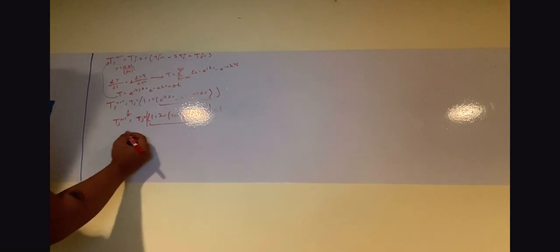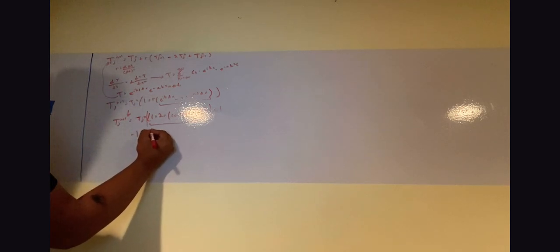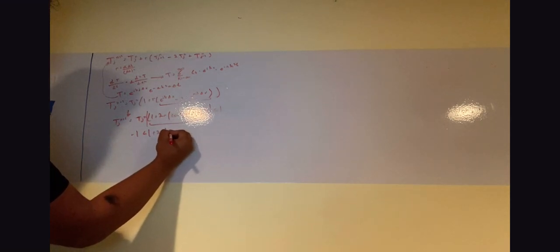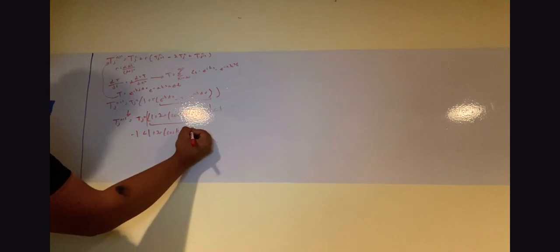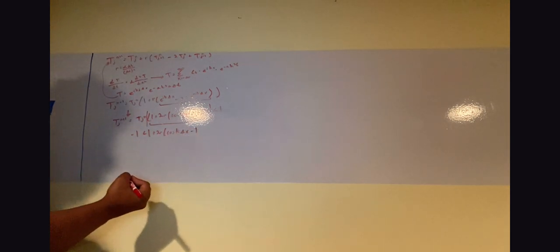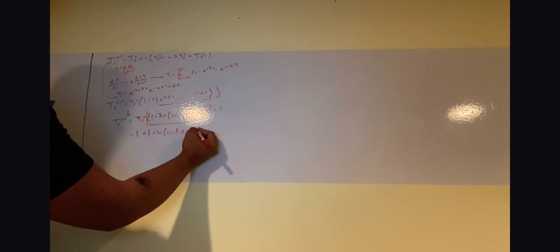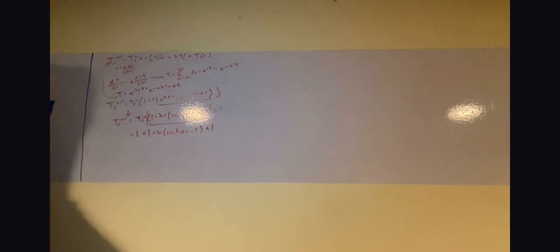And once we subtract 1 from both sides, we get negative 1 is less than 1 plus 2r cosine k change in x minus 1. All right. And then this must be less than 1.